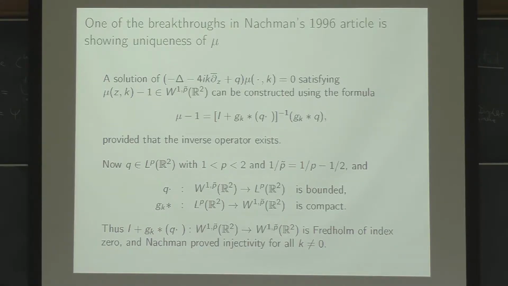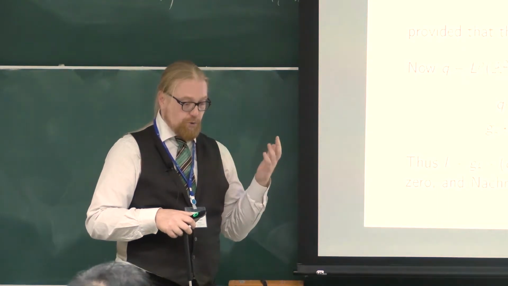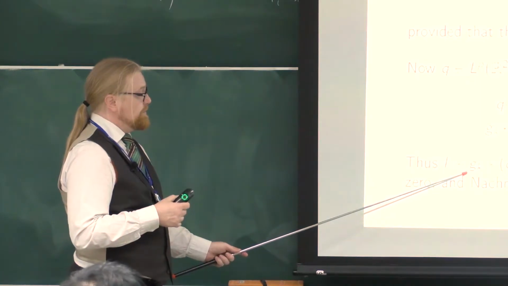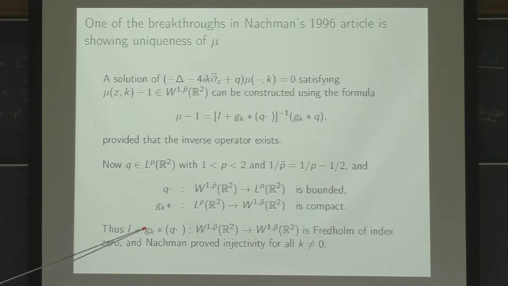And this is Nachman's big breakthrough using the theory of pseudo-analytic functions in the sense of Vekua. He could prove, using kind of a generalized version of the Liouville theorem from complex analysis, that there is a unique solution, that this is injective for any non-zero k.